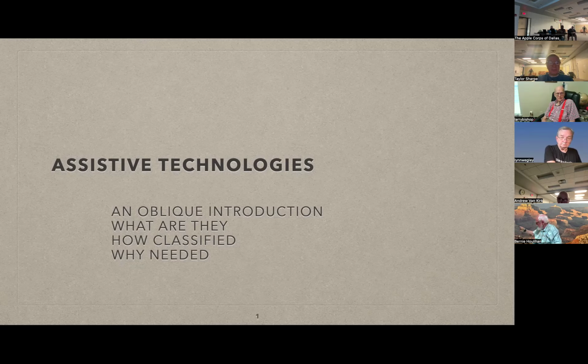One of the rabbit holes is I want to change the classification scheme to something that I think is a little bit better. But there really is no good classification scheme out there for assistive technologies because there are so many of them and so many different ways of classifying them that do make sense.